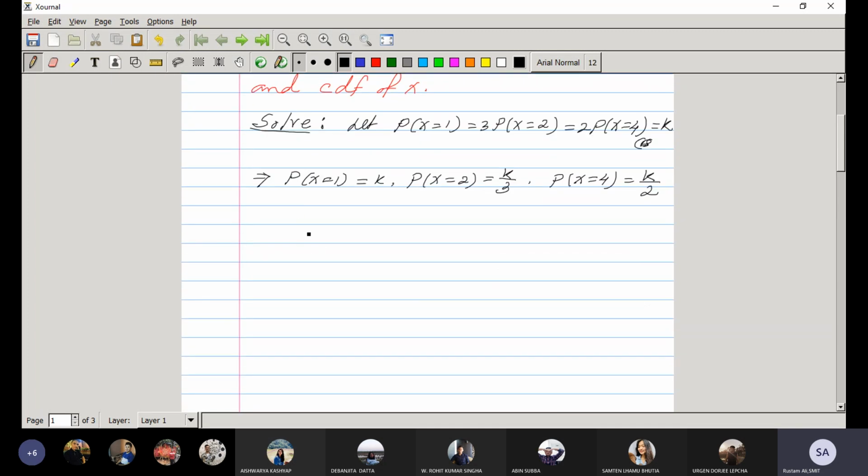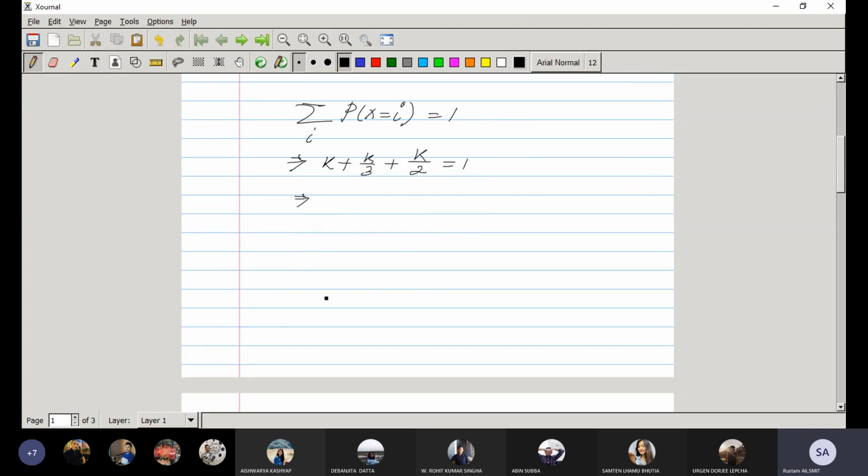For that, we know the summation of all the probabilities, summation over i of probability X equal to i, or small p of xi, is equal to 1. That would give you k plus k by 3 plus k by 2 is equal to 1.